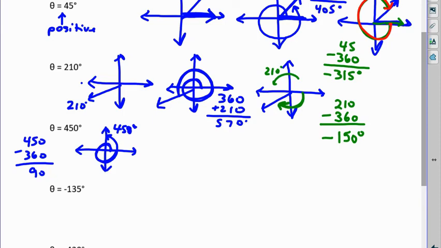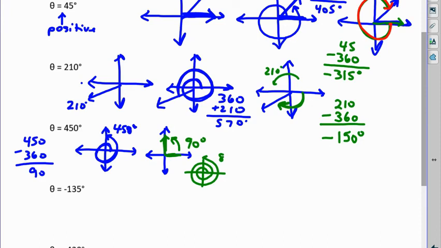So when I'm trying to get my positive angle, starting at my initial ray and ending here, the easiest one to say would be 90 degrees. But you would not be wrong if you wanted to go all the way around, and then end at 90 degrees too. If you wanted to say, how big would that be?